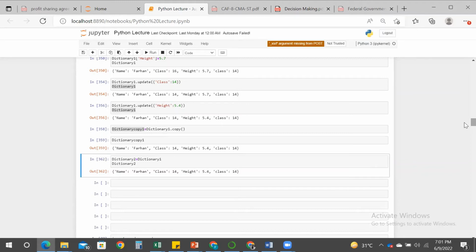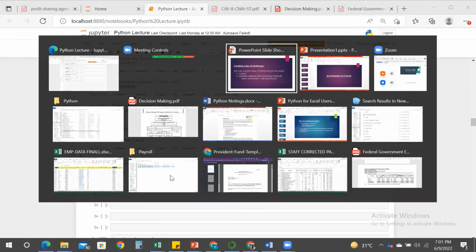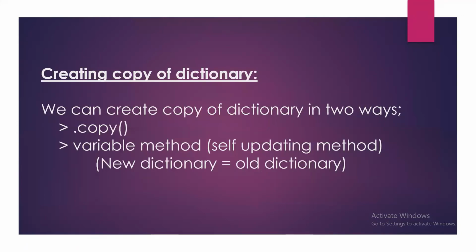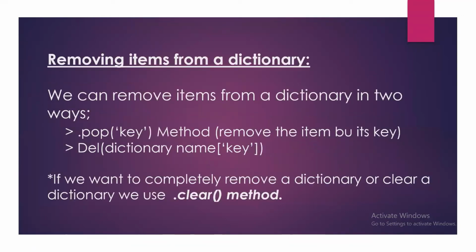In this way we will also see how we can remove an item from our dictionary, and then we'll see whether dictionary 2 is automatically updated or not, and whether copy 1 has been automatically updated or not. So let's move to the remove function, and let's see how we can remove items from a dictionary.